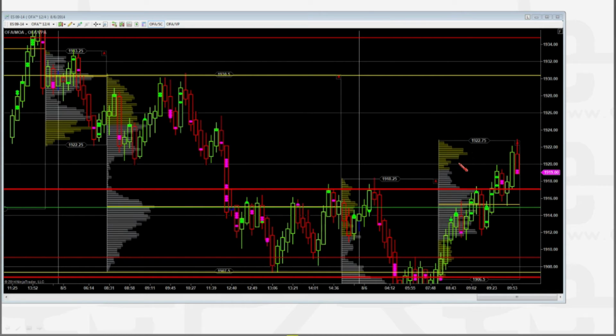So what this is inherently telling us is that we have buyers who have, I don't want to say left the auction, but for right now, they seem to have left the auction. The fact that price really isn't moving higher on all of this additional volume suggests that there are more sellers, more activity at the bid, actually stepping in.